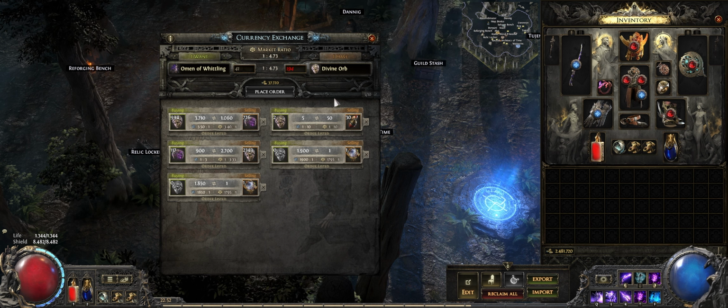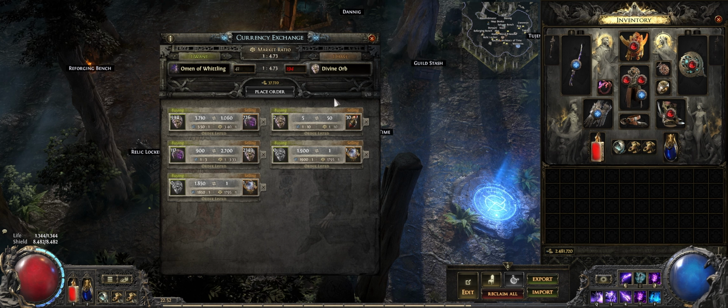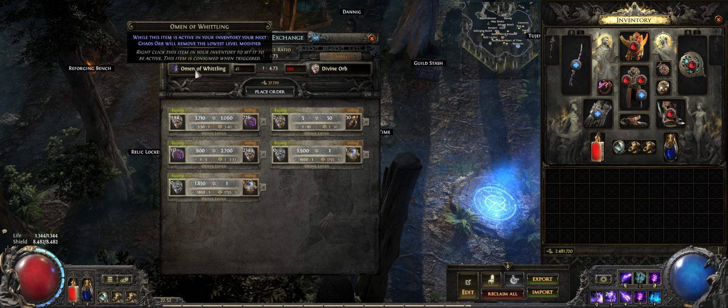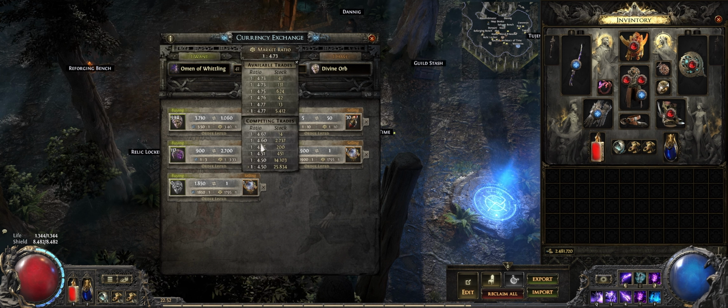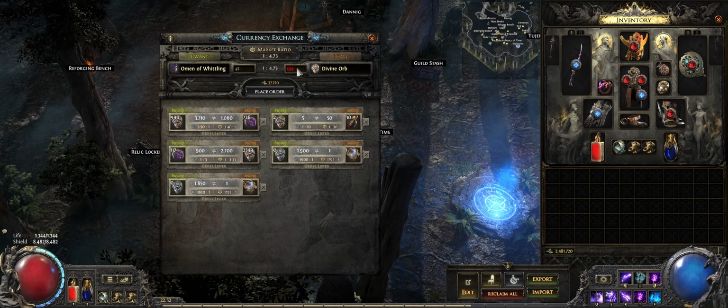So that's the gist of how the system works. There's of course some nuance to it, and also some weird things in how the market accepts trades. For example, if you have only one Omen of Whittling, of course you can't get 4.67 divines, so you'll have to either exchange for 4 divines or 5 divines.